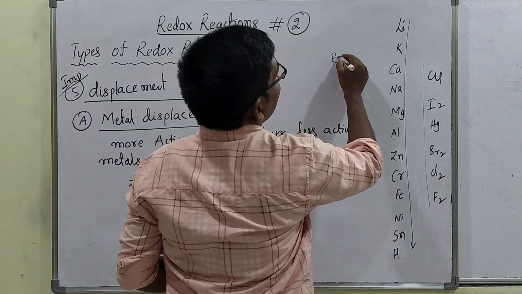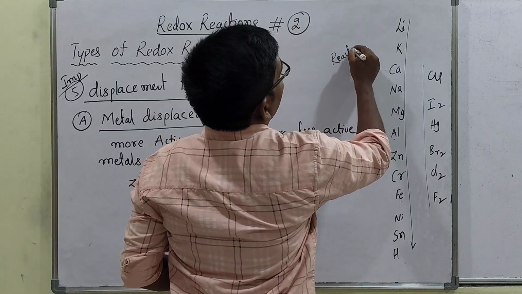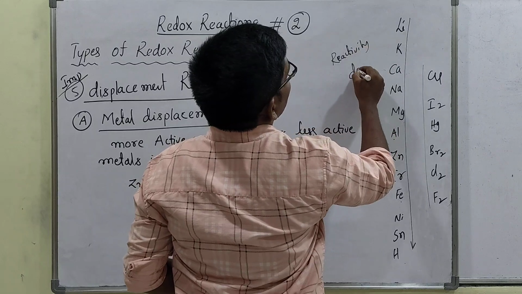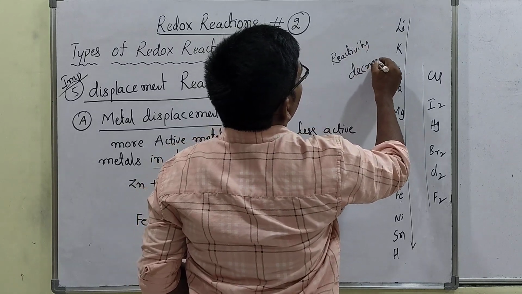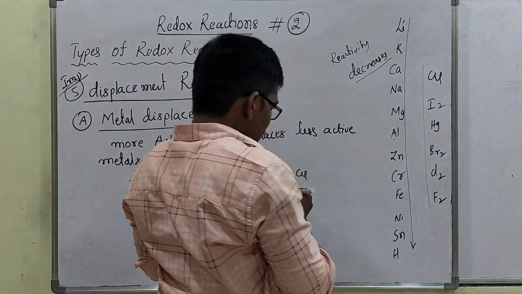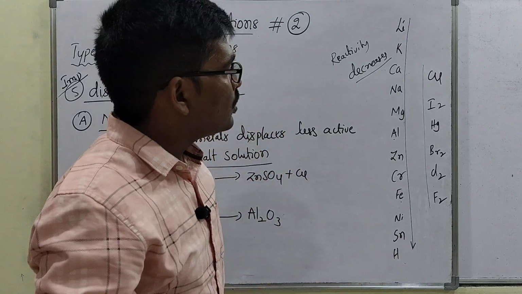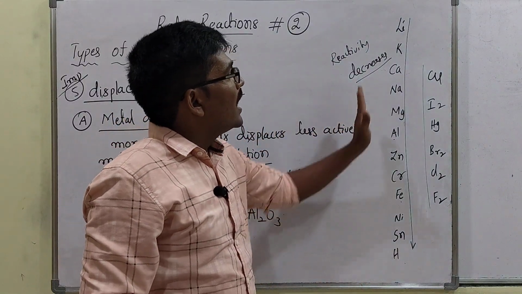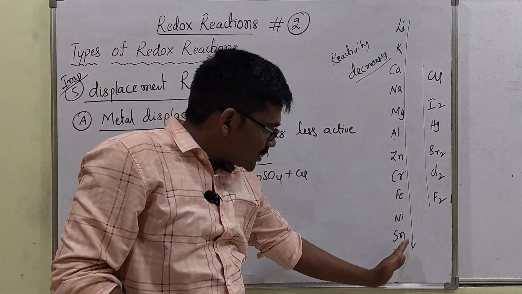That is, reactivity decreases. We already learned this in electrochemistry. Activity in the electrochemical series decreases from top to bottom.